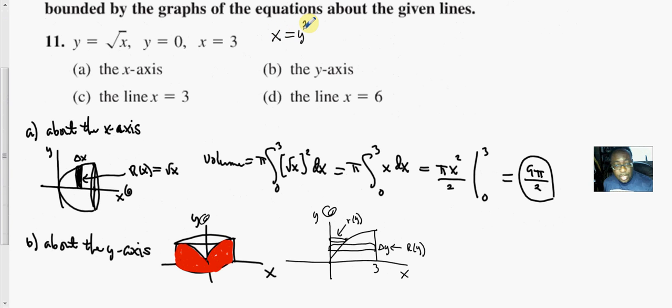So we have to use this equation when we're calculating the radius with respect to y. So capital R of y is 3 there. And then little r of y is the curve. And the curve here is y squared.